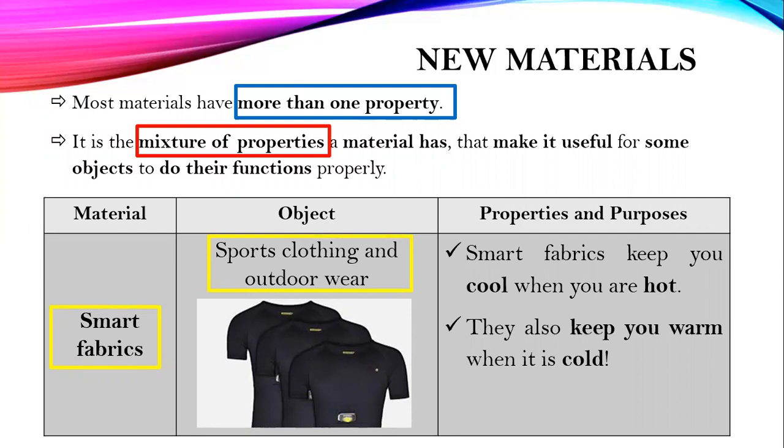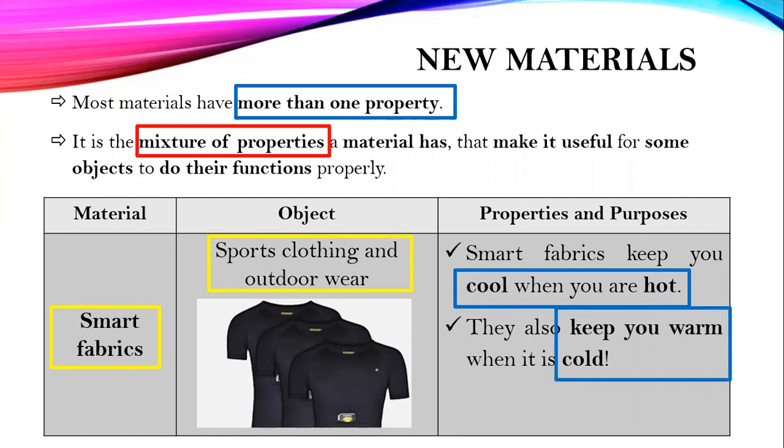Smart fabrics have a special property: they can keep you cool when it's hot, and also keep you warm if it's cold. How come? I said to you, it's a new material known as smart fabric. That's why it can serve both purposes at the same time. How amazing!